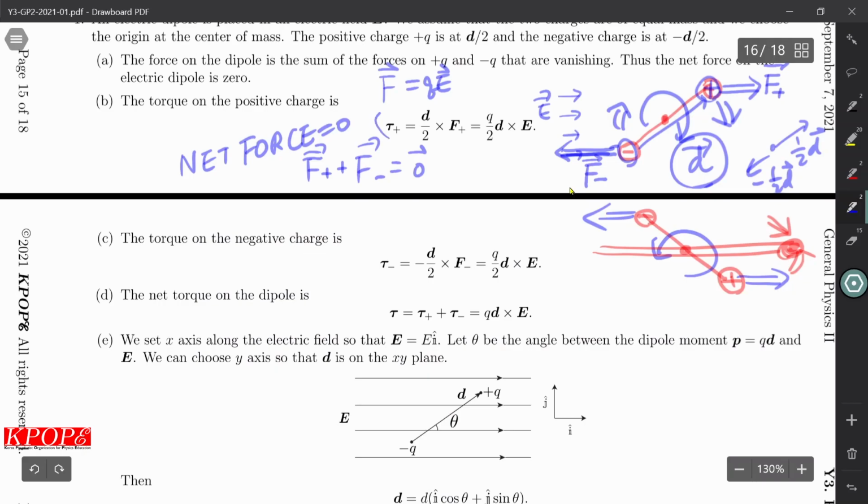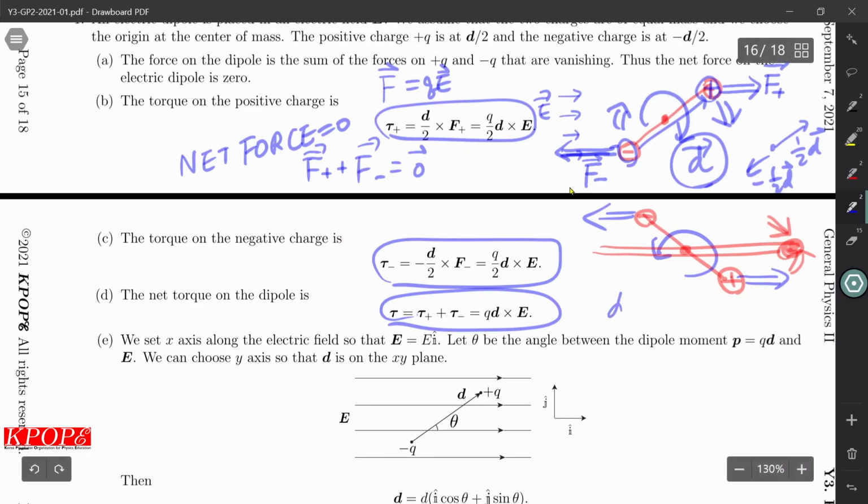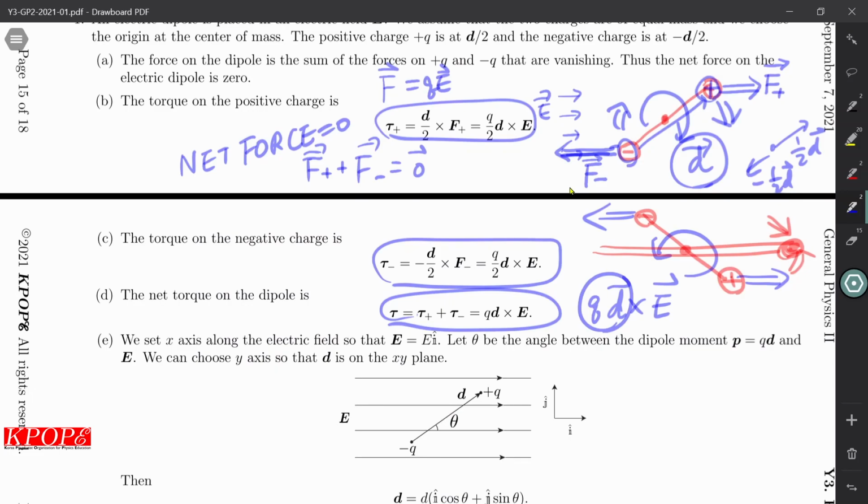Because of this, we can compute the torque on the positively charged particle and the negatively charged particle. And the sum of the torques is computed in this way. So that is d cross E, Q. And Qd is the electric dipole moment. So the answer is the torque is p cross E.